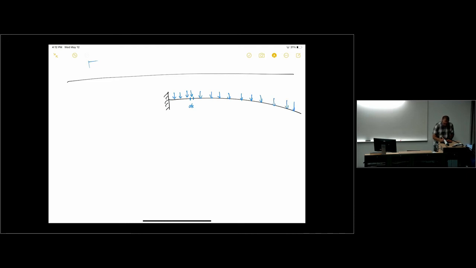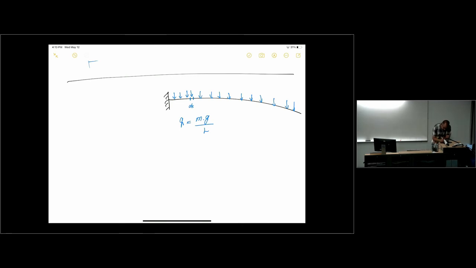And you can find that force. So Q, you can say the total mass is m, the force is mg, and I normalize it to the length of this device. So my distributed load is mg over L for this device.